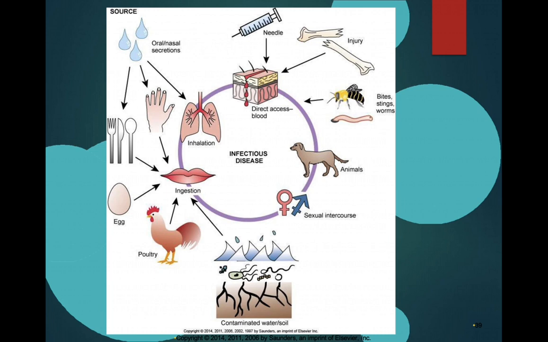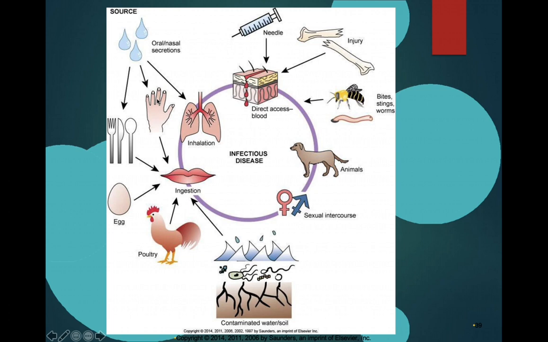So if we look here, we can see you got contaminated water or soil. We can ingest that. Poultry or eggs, or from fomites, right, from these objects. Could be spread from the nasal secretions to the hand, into the lungs, into the mouth, right?